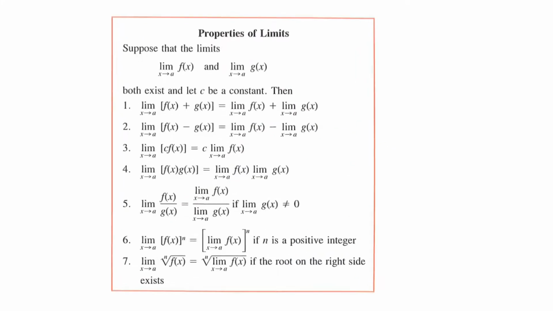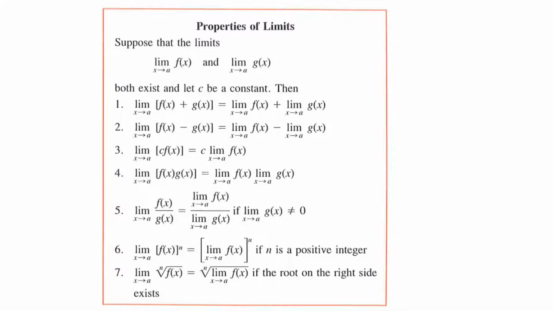Properties of limits. Suppose the limit of f of x and the limit of g of x as x approaches a exist. Then the limit of f of x plus or minus g of x as x approaches a is the same as the limit of f of x as x approaches a plus or minus the limit of g of x as x approaches a.